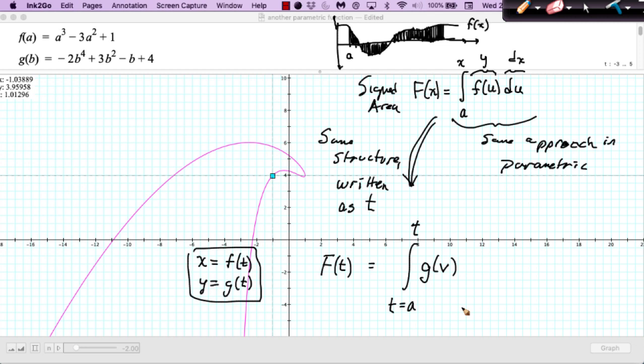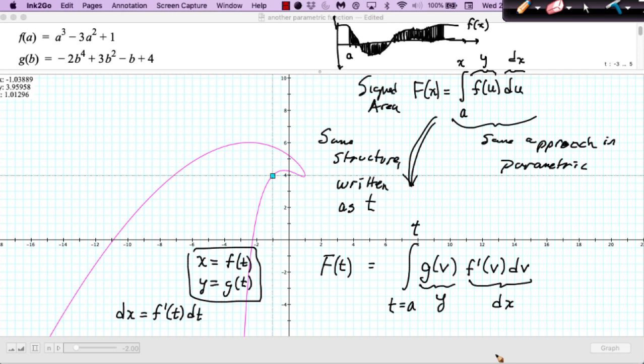And then what would dx be? dx would be f prime of t. dy equals m dx, but now it's x and t. So dx equals the derivative, or the rate of change, times dt. So we're going to have f prime of v dv. So here's my y, the same as the f of u, and then here's my dx.